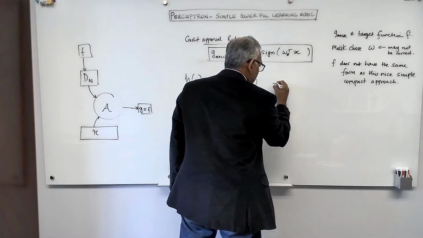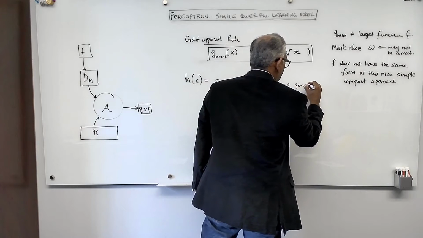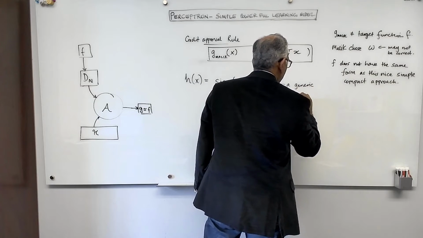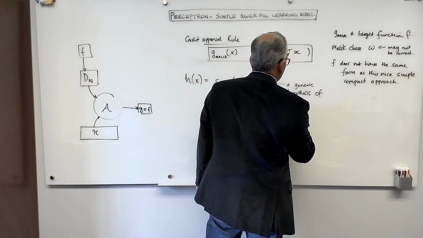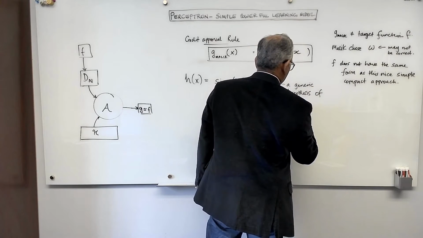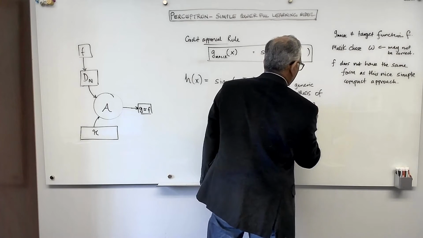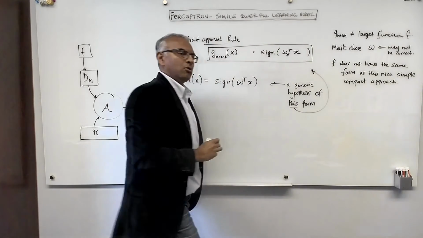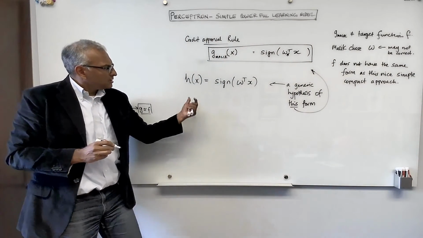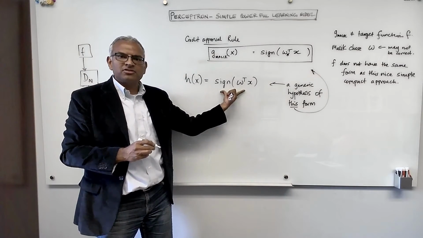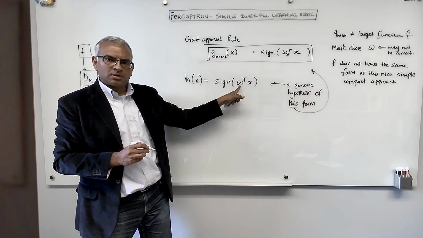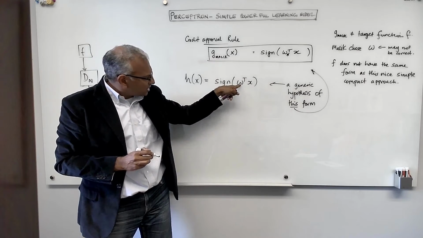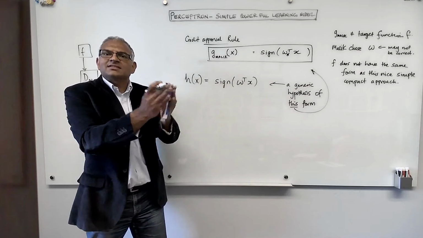So a generic hypothesis of this form. And what is this? That form. Okay. And now that I've come down to this generic hypothesis of this form, we can consider all the possible weights w that can be used in here, and that defines a set of hypotheses.